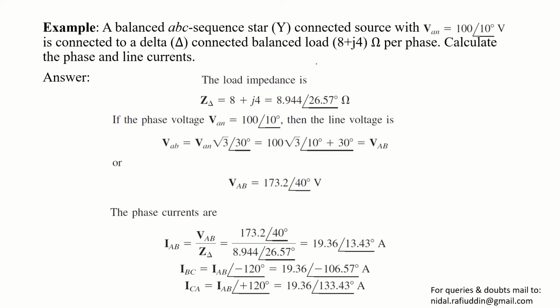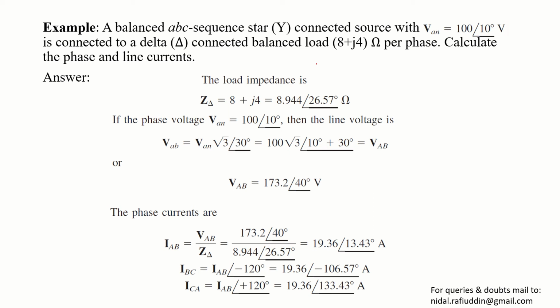Now suppose that you are given a balanced ABC sequence which is star connected, and the source values are given as VAN equal to 100 angle 10 degree. So you're given the value of the phase voltage of A phase.